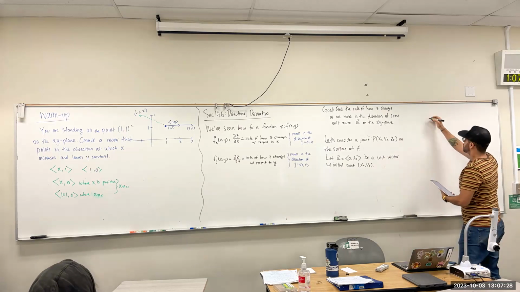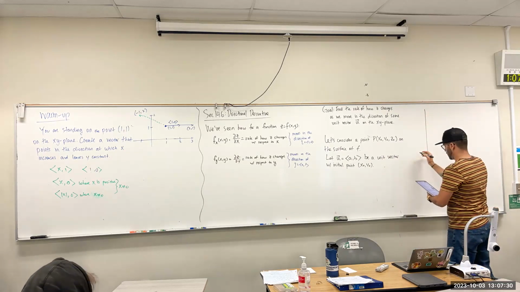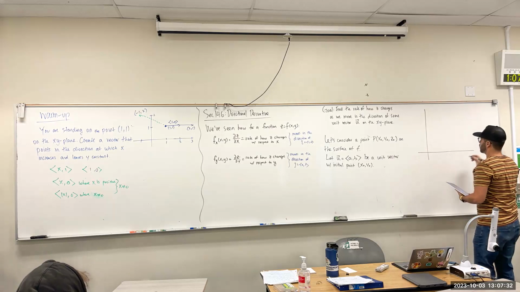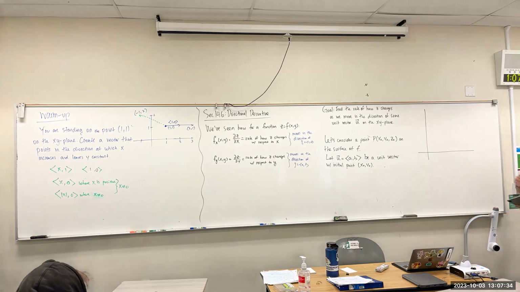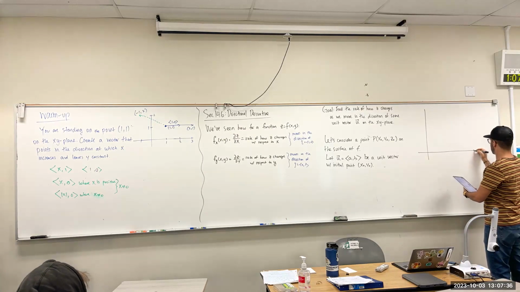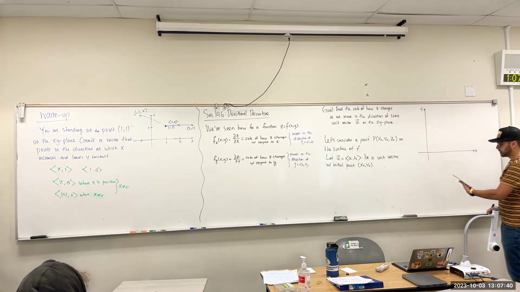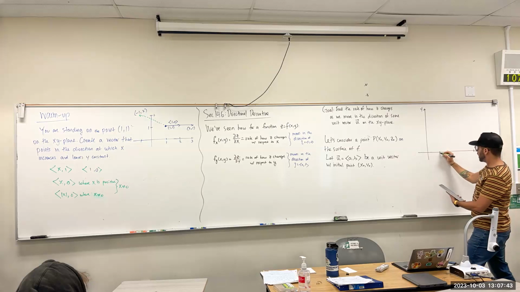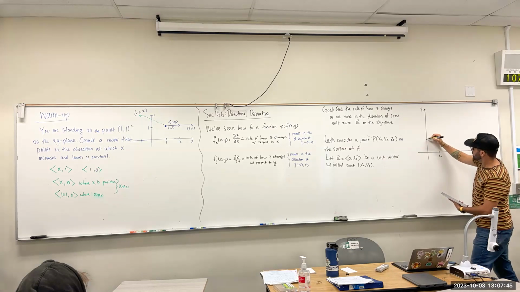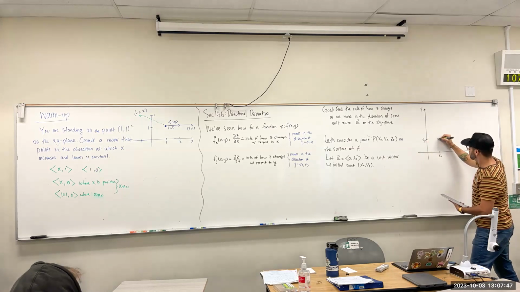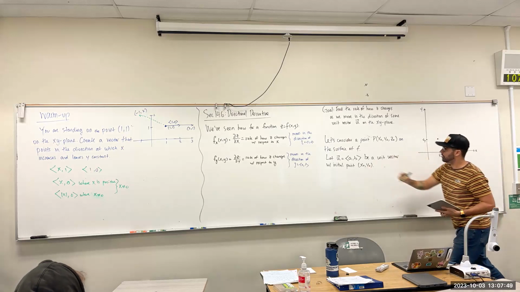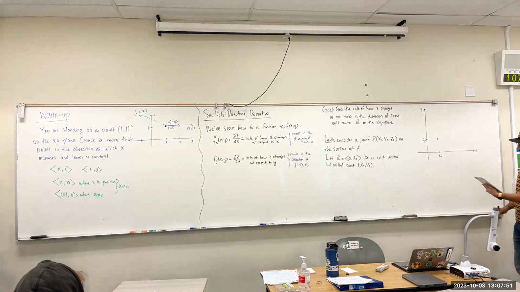All right, so let's look at a picture real quick. What's happening on the xy plane? Again, refer to that picture on top, but here we're going to do a big zoomed out version of what's happening on the xy plane. So you have, let's say x naught is right here, and y naught is right here, and then you have this point right there, x naught, y naught.